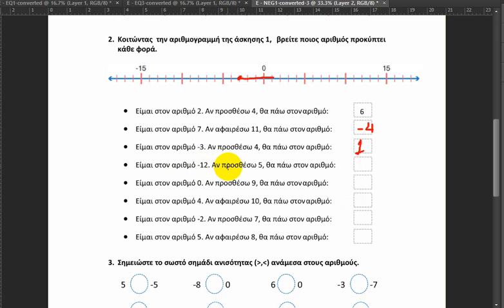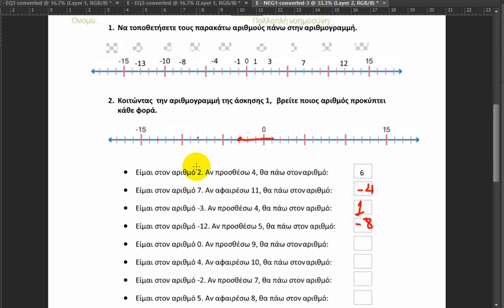And we're at minus 12. We add 5. What do we get? Okay, minus 12 is here. We add 5 and we go 1, 2, 3, 4, 5. And here we have the number minus 8. If you count from 0, you'll see, or if you just go look here.